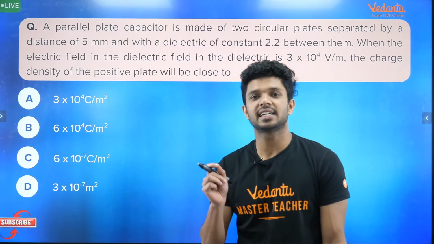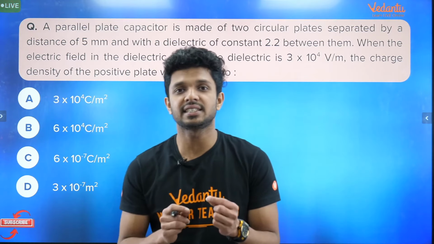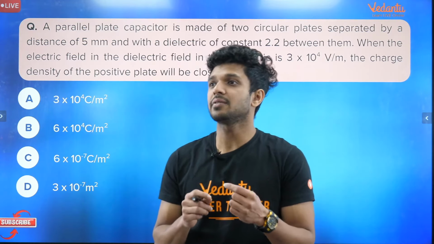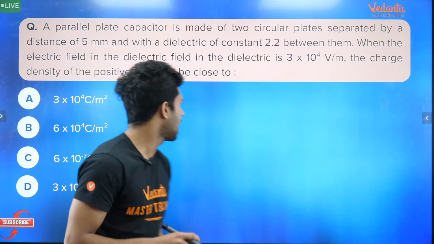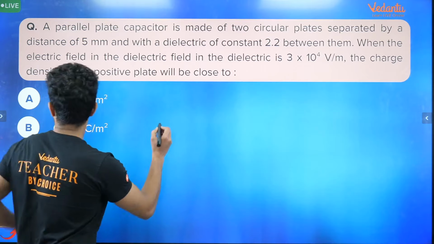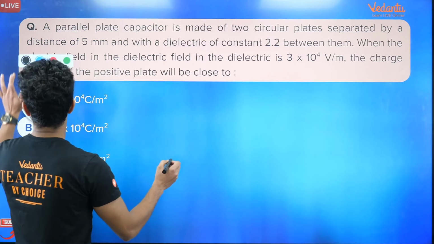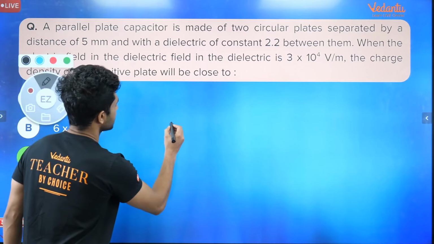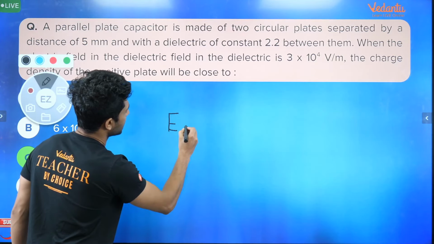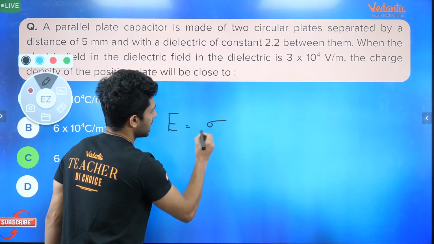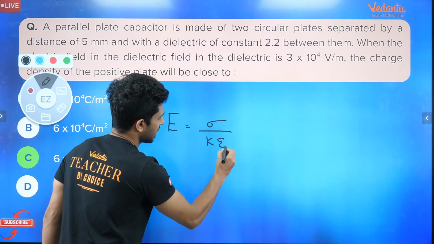So they are asking for the charge density. So what is this charge density? It is sigma. So what is given? The electric field in the dielectric is given. So what is the equation for that? You know that the electric field will be equal to sigma divided by K epsilon 0.